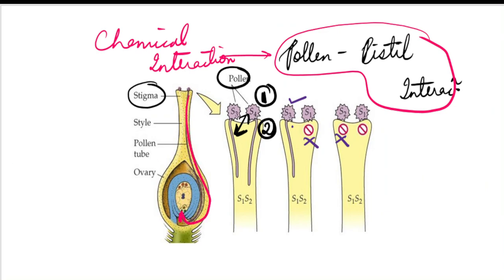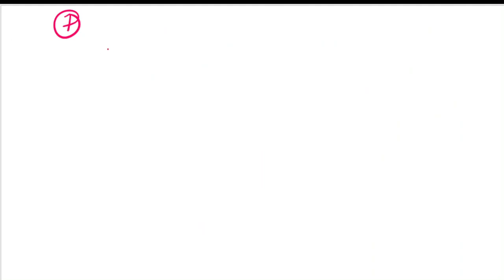So now it will travel. Where will it travel? It will travel till the ovule. Slowly it will go and travel till the ovule and it will go and push it. Now from where it will go, there are three points where it can go. This we will learn in double fertilization.